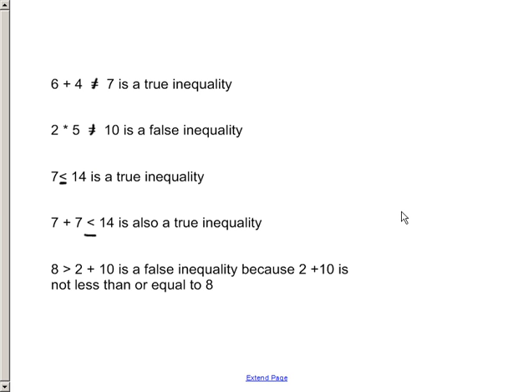Our last number sentence shows 8 is greater than 2 plus 10. This is a false inequality because 2 plus 10 is 12 and 8 is not greater than 12. 12 is not less than or equal to 8. So if I had my equal sign underneath that, that would not be a true inequality.